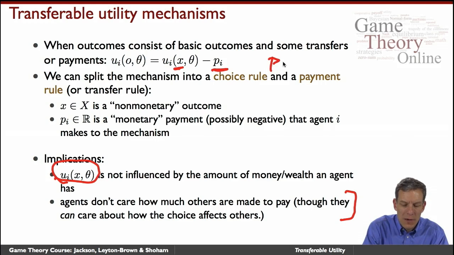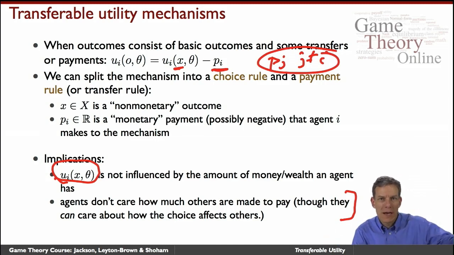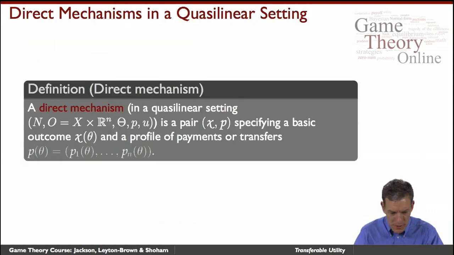They don't care about p_j where j is not equal to i, so they don't care what payments other people are making. They just care about the overall decision, which candidate or public good we pick, or who gets what good, and then what payment I have to make. I don't care what other people's payments are, to the extent that it doesn't enter into my payment. Okay, so that's the setting.